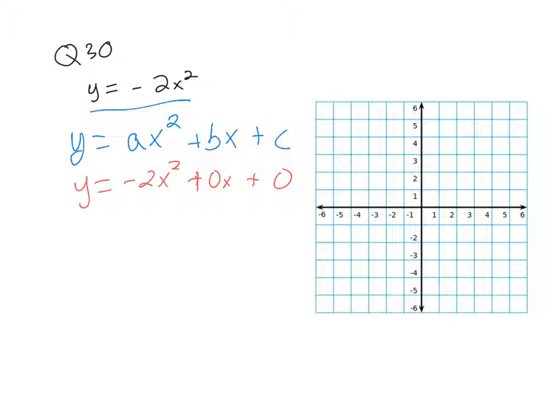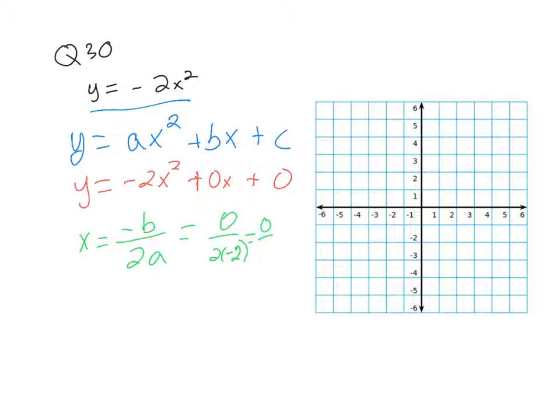To find the vertex, we use the formula for finding the x value, and that is x equals negative b over 2a. In this case, our b is 0, and 2 times a is 2 times negative 2, which is negative 4.